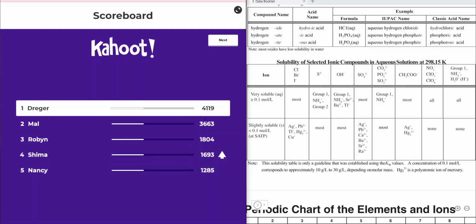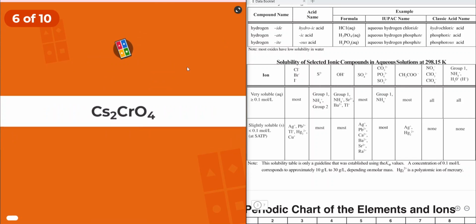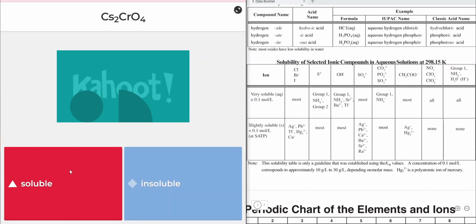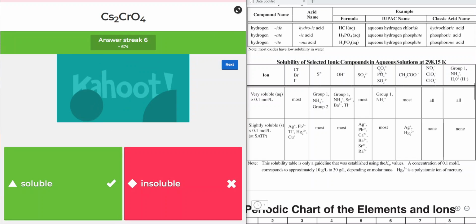Now we're starting to crush it, hey? But I mean, I'm a teacher. I know this stuff. Okay, so we have chromium oxide. Can we see it anywhere? Probably cesium. Oh, cesium. That's group 1. Pretty sure. We can just double check that.